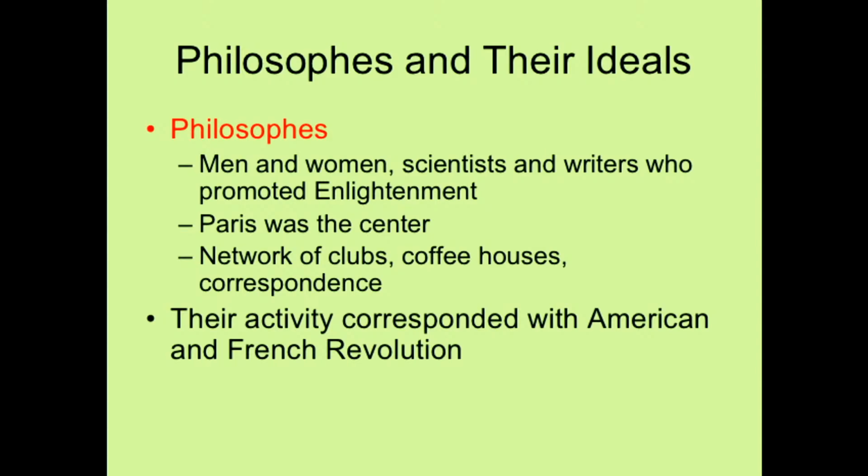The economic, political, and social life of society. By the way, both the scientific revolution and the enlightenment were tightly connected to what later became known as the American Revolution, 1776, and the French Revolution, 1789. What's the connection?